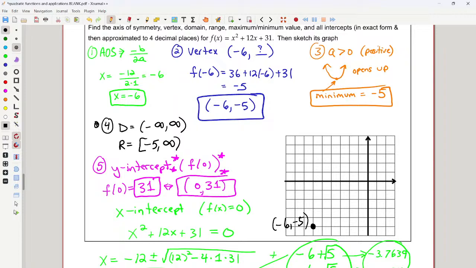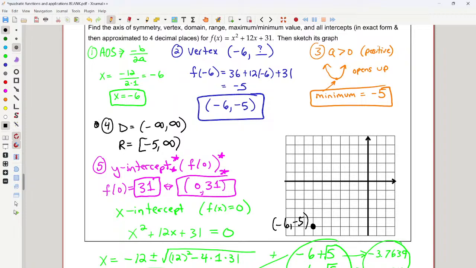If this is x is -6, what's this one? -5. I go to the function, I input -5. I can do the first one in my head. -5 squared is 25 plus 12 times -5 plus 31 outputs -4.